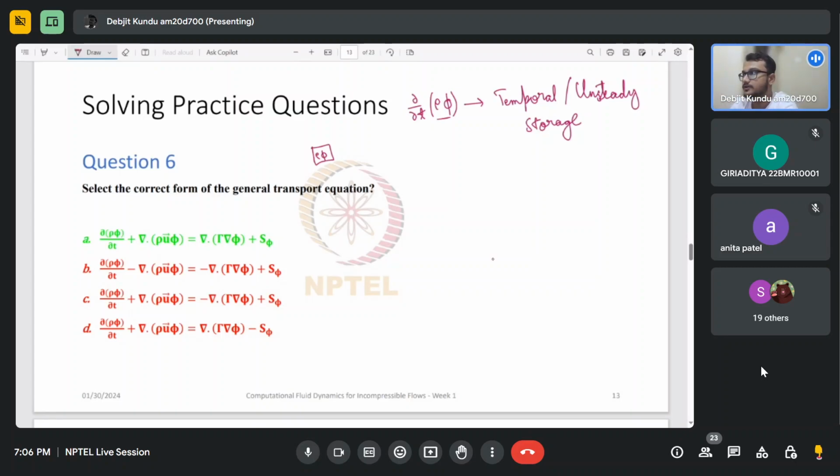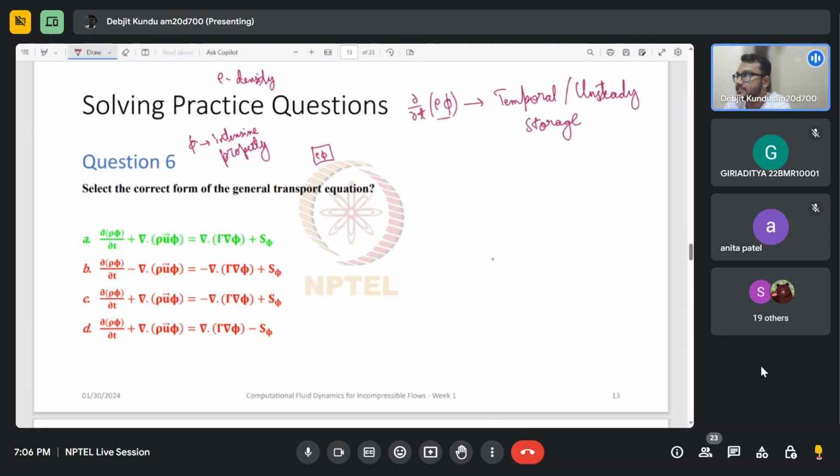So why rho phi? Because phi is an intensive property. So multiplying it with the density rho gives us the extensive property of whatever that corresponding physical quantity is within some control volume.